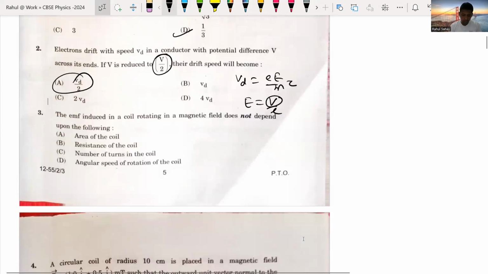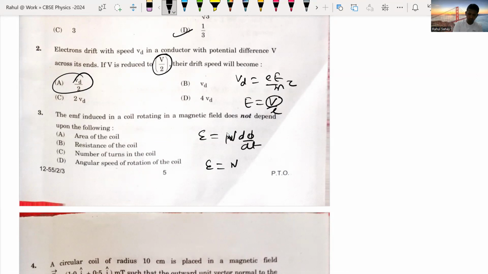Third question, the EMF induced in a coil rotating in a magnetic field does not depend on. E is equal to d phi by dt. E is equal to N into B into A. So the induced EMF does not depend on R value.